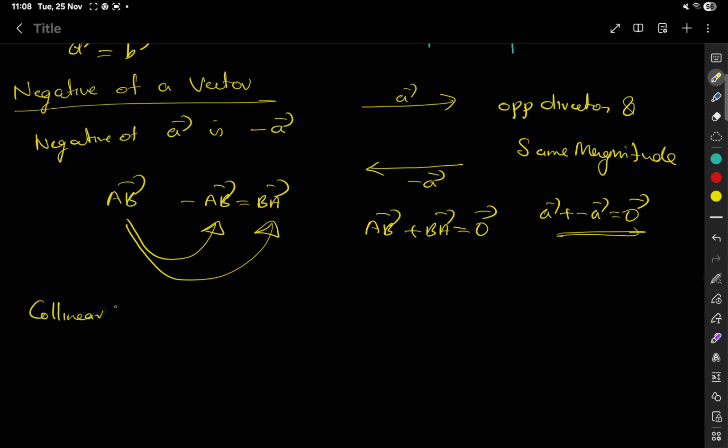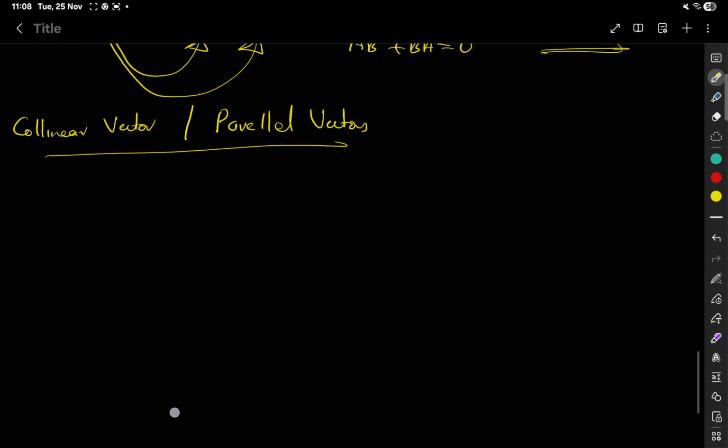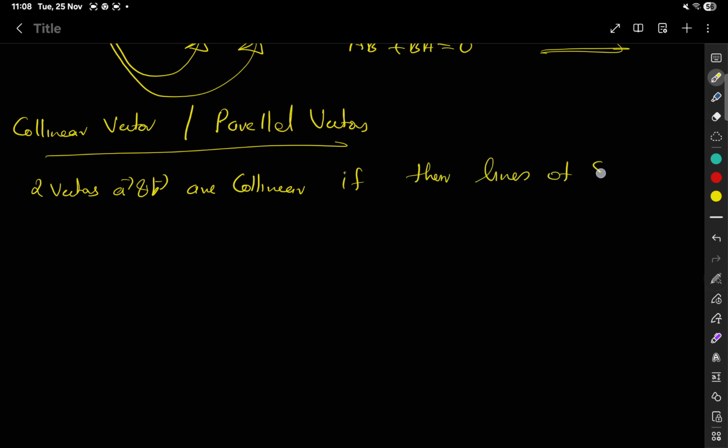collinear vectors, also known as parallel vectors. What is collinear vectors? Two vectors A and B are collinear if their lines of support are parallel.